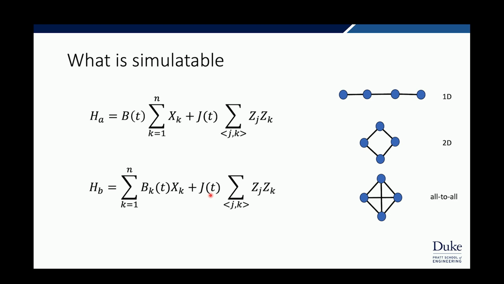What's missing, when I write this down, is that if I'm actually going to run this in real life, I should tell you how strong I can make J. I should tell you if it can be positive or negative. I should tell you how quickly I can turn them on or off. But for these examples, we assume they're infinitely fast, I can make them infinitely high, positive or negative.